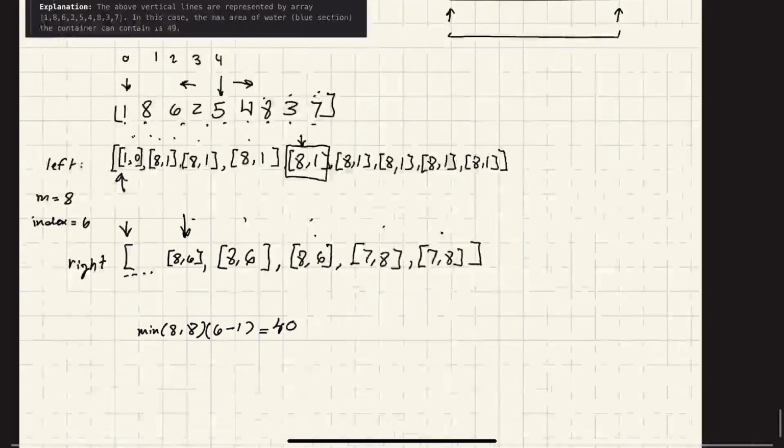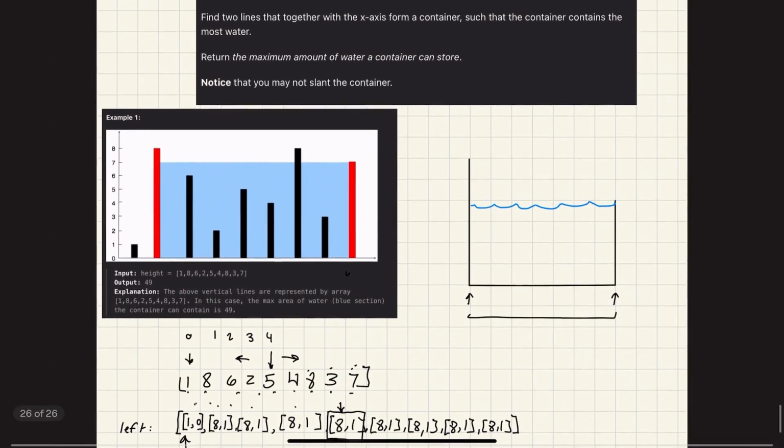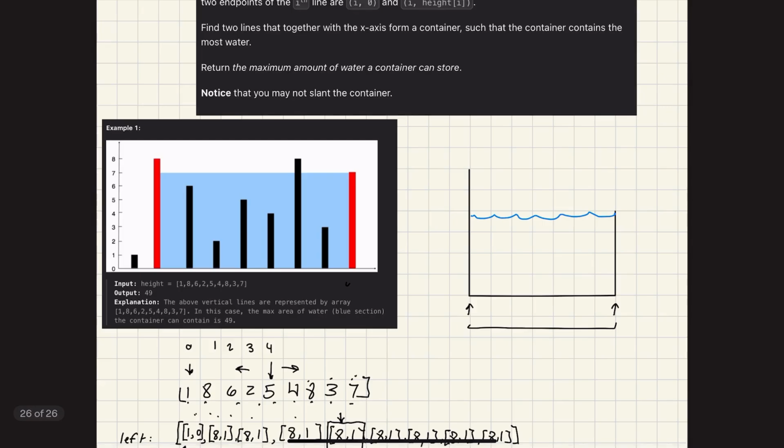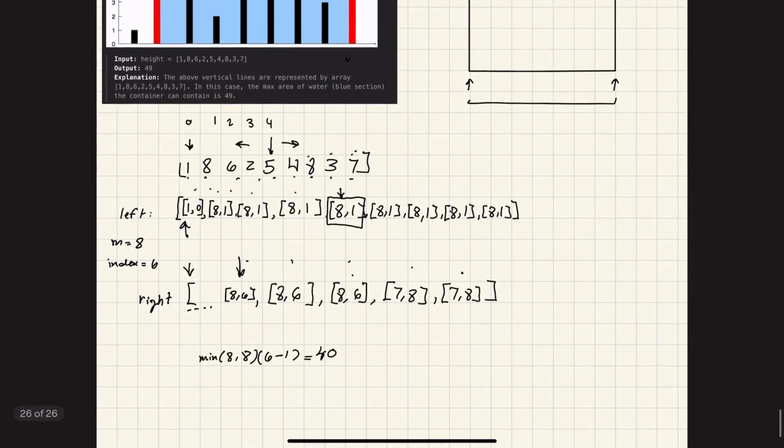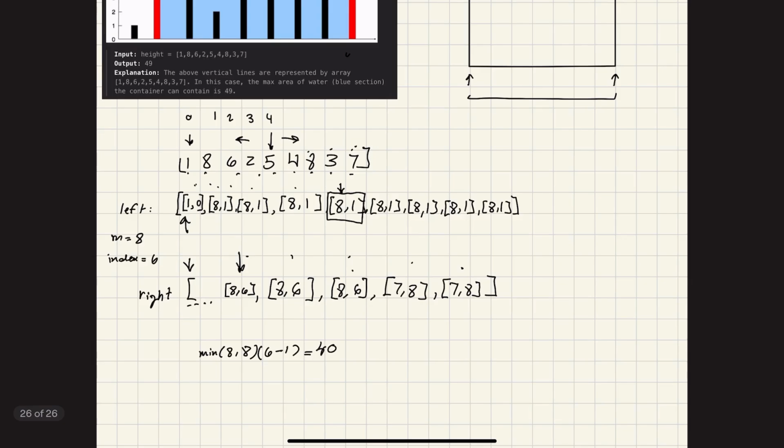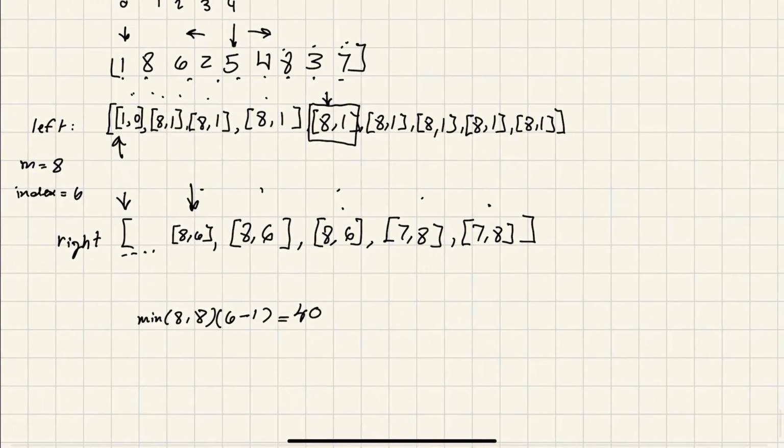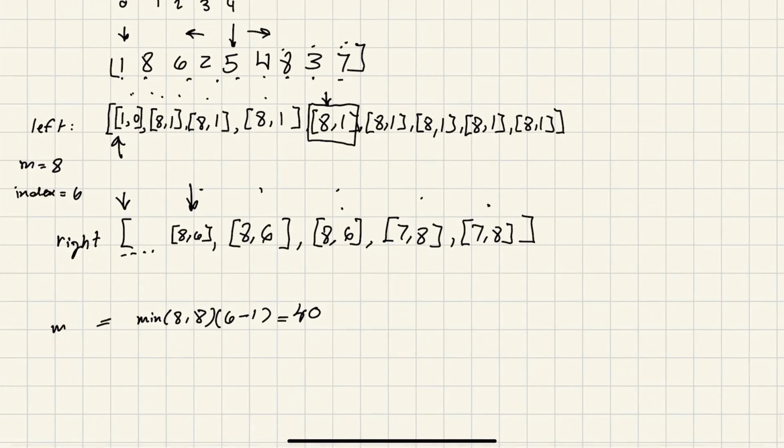So this was the case with the biggest ones. And you would continue to do that whilst keeping track of this as a max. And then you would return. Now that is pretty much all for this method.